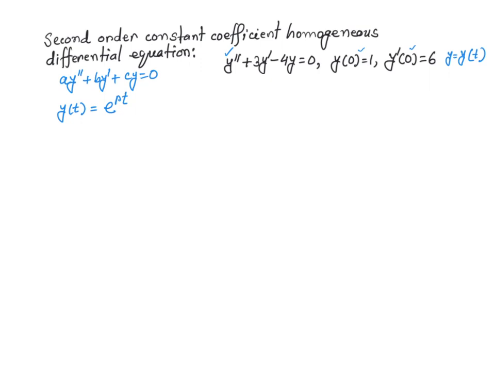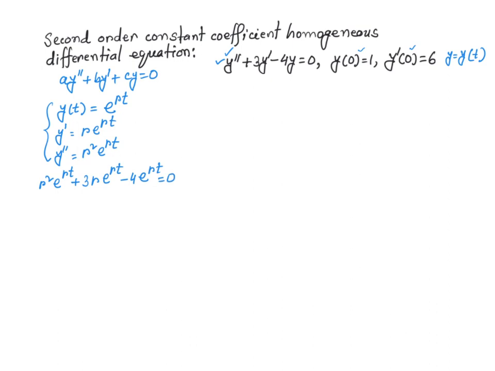So, my assumption is that y of t is equal to e to the power rt. So, y prime is going to be r times e to the power rt, and y double prime is going to be r square times e to the power rt. If I plug in all these three values into this equation, I get r square e to the power rt plus 3r times e to the power rt minus 4 e to the power rt is equal to 0.